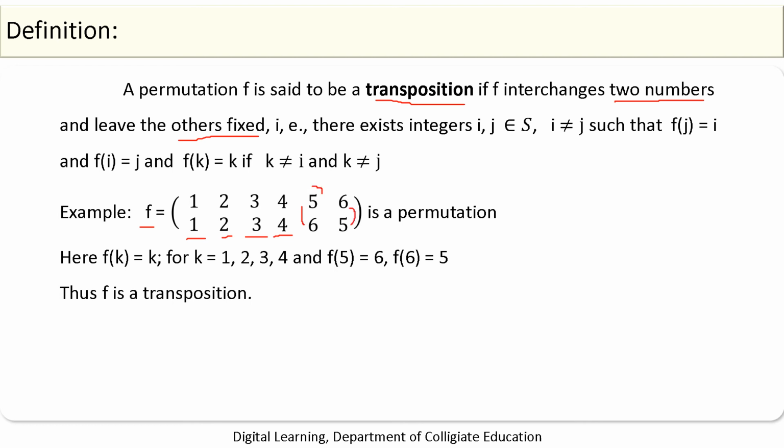That means we have only changed the images of 5 and 6. That means we interchange two numbers, 5 and 6, leaving the other numbers 1, 2, 3, 4 fixed. This type of permutation is called a transposition.